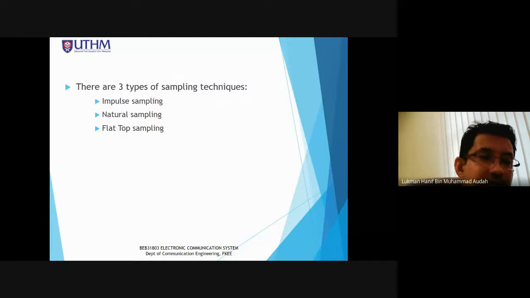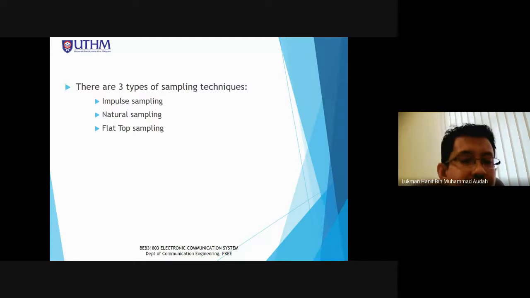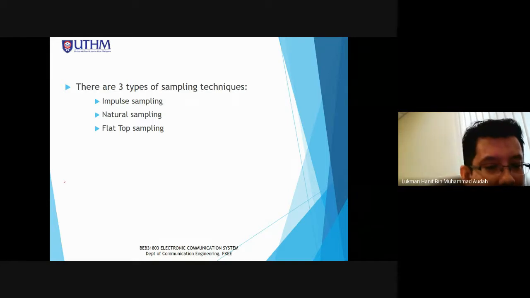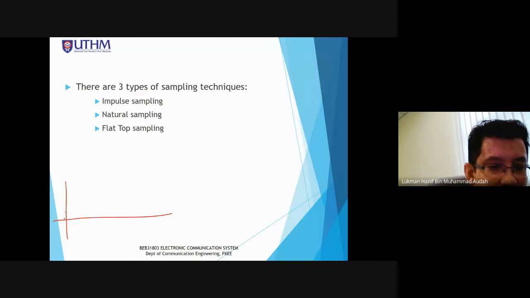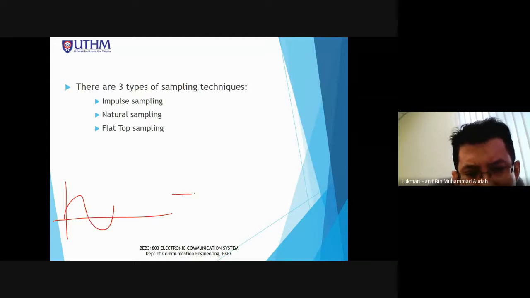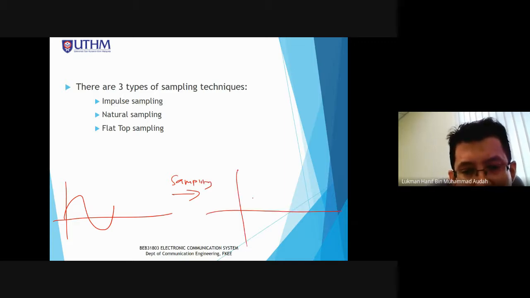Okay, so how we do the sampling process? Okay, so tadi gini tadi kalau you lihat, kita ada sini kita ada analog, then we do the sampling. Okay, so kita akan dapat lebih kurang macam ni, saya lukis.